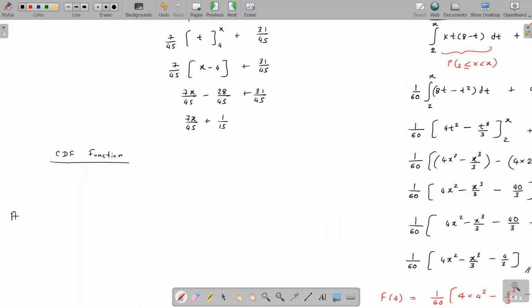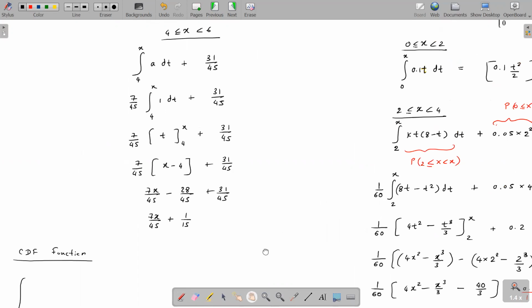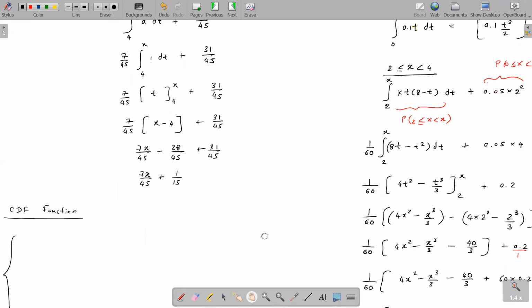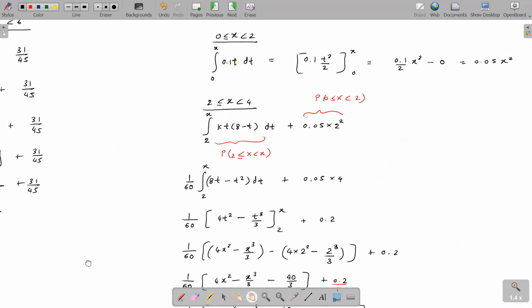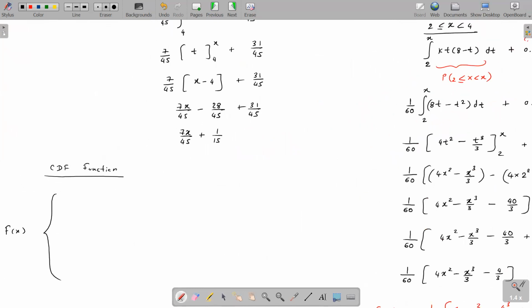Our capital F(x) is going to be, for x values between 0 and 2, 0.05 x squared. For any x value before that, for x values lower than 0, the CDF is 0.